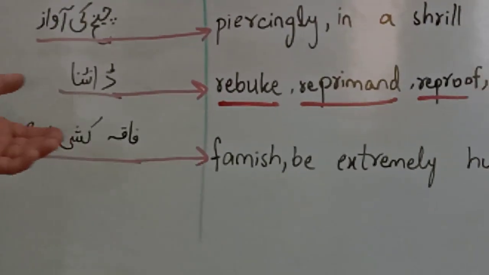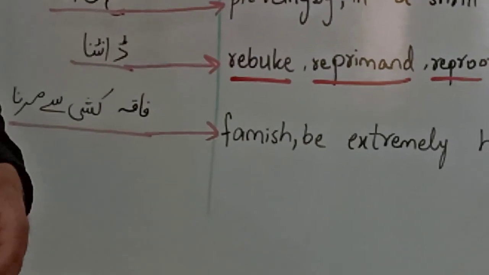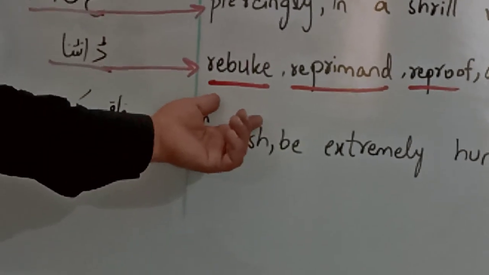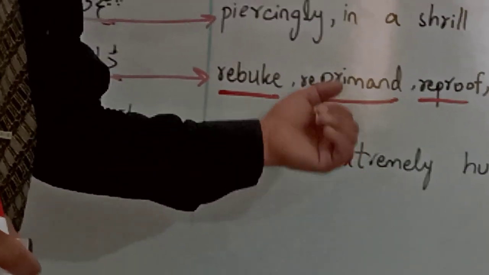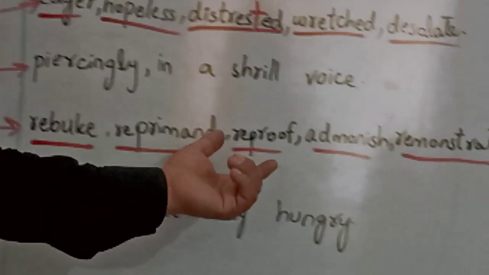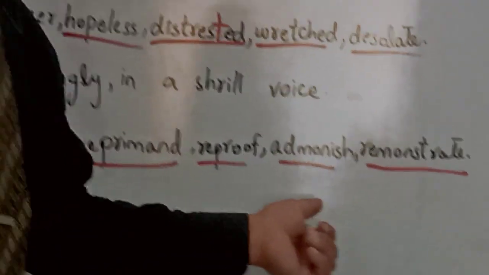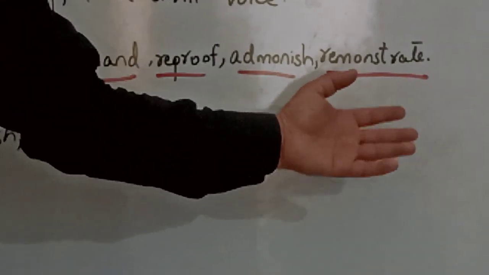If there is a sentence in the text, his parents scolded him, you may write his parents rebuked him. His brother reprimanded him. His brother reproved him. His brother admonished him. His parents remonstrated him.